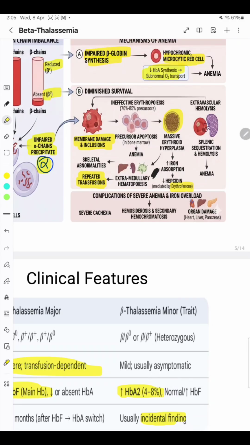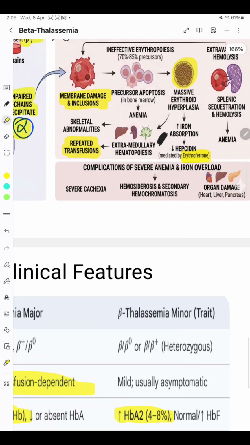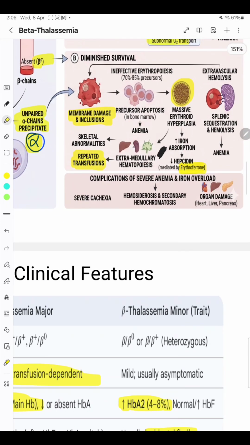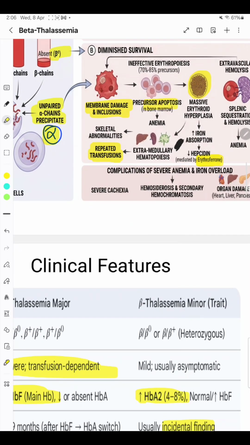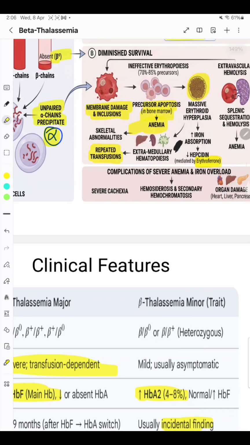there is increased secretion of erythroferrone, which is secreted by RBC precursors. This erythroferrone decreases hepcidin, and low hepcidin level will result in increased iron absorption. As the alpha globin aggregates cause damage to RBCs or precursors, this also causes anemia.